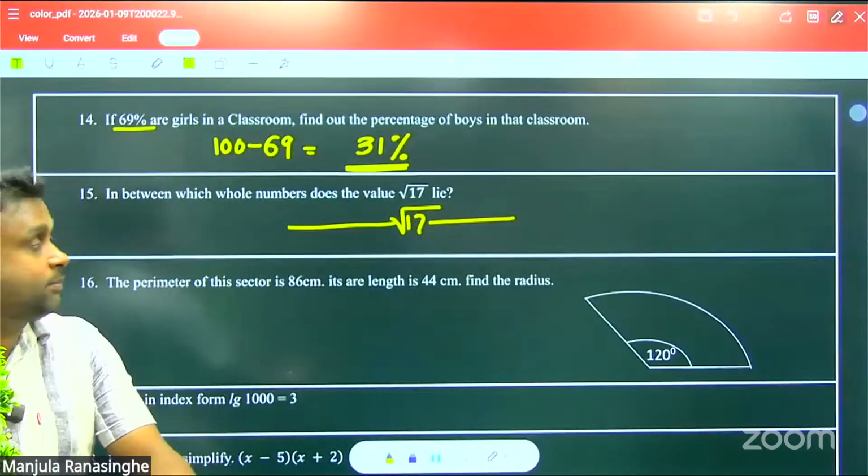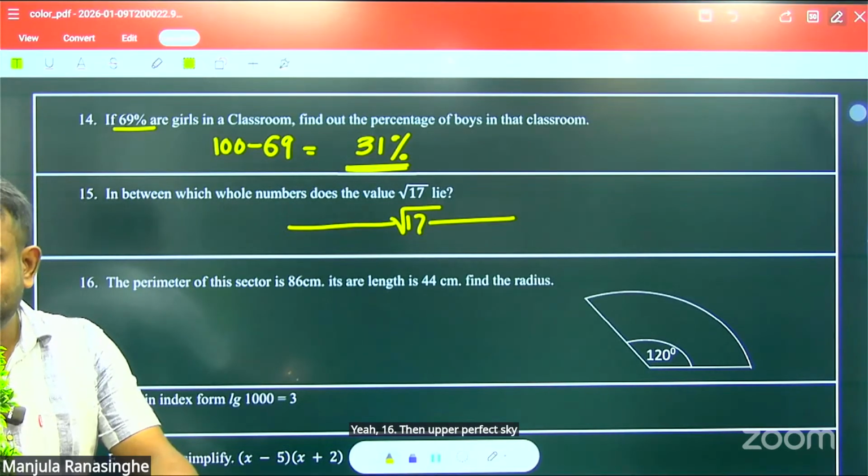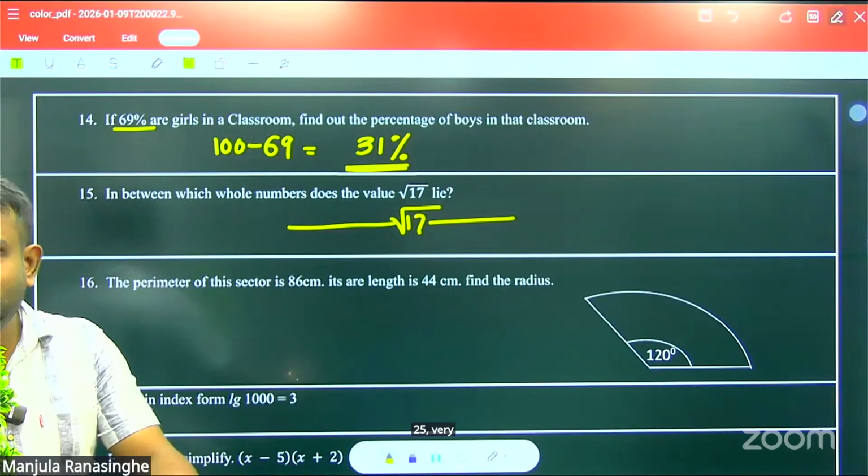Yeah, 16. Then the upper perfect square is what? 25. Very good. So 16 is 4 and 25 is 5.